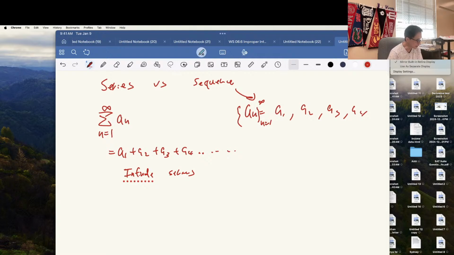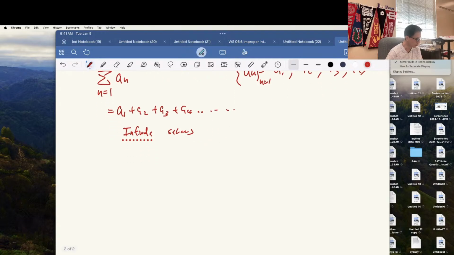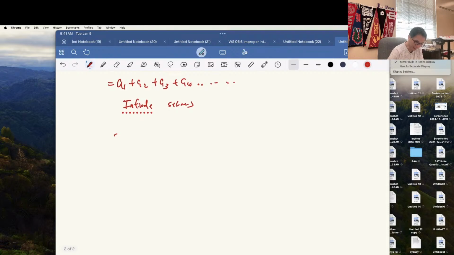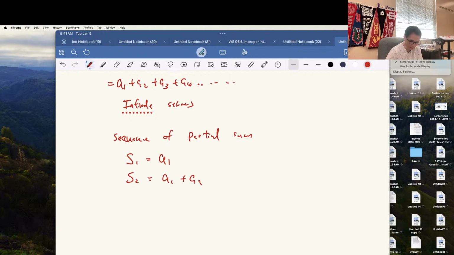Now, if I want to find a partial sum, a sequence of partial sums, for example, S1 just means a1. Is that okay? S2 is going to be a1 plus a2. S3 is just going to be a1 plus a2 plus a3.